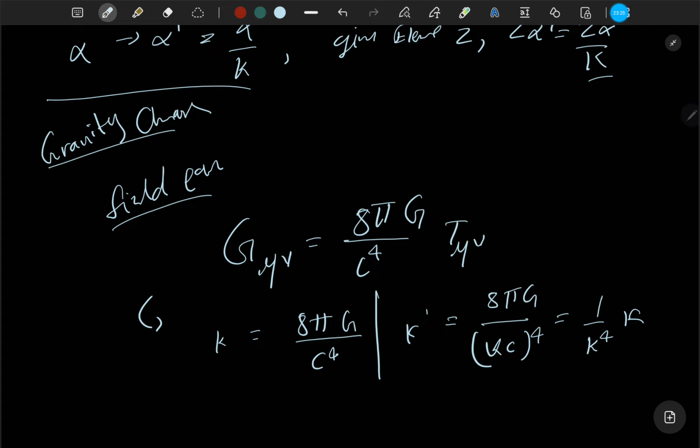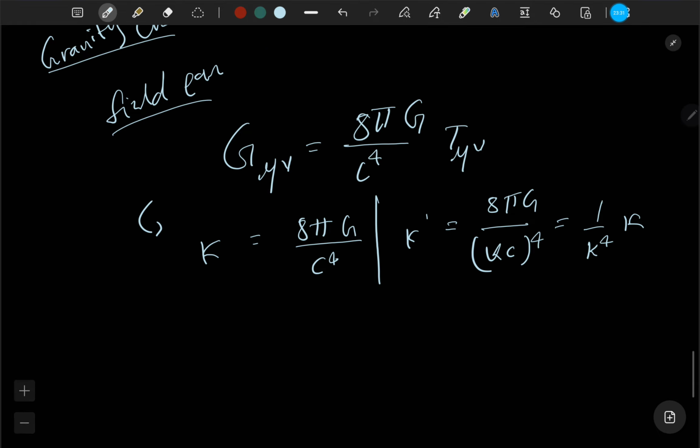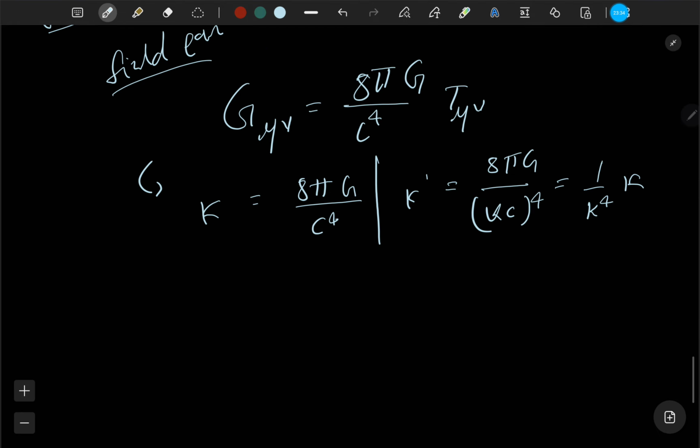And here as well, this one, yeah, this one as well. Okay. And we can observe some things. So if the coupling becomes stronger by a factor of 1 by k to the power 4, even a mild slowdown matters.